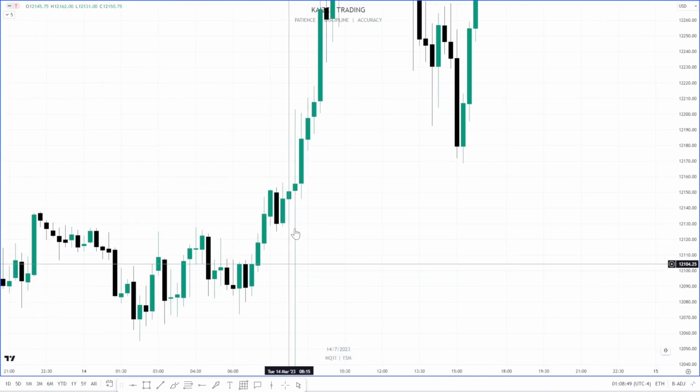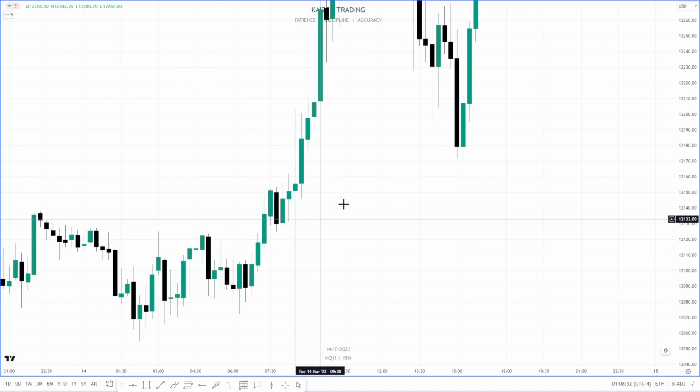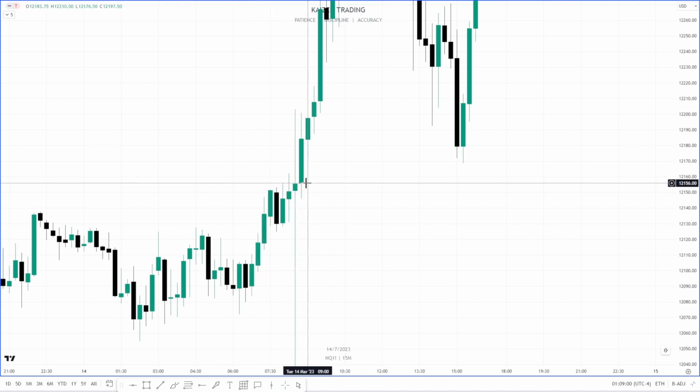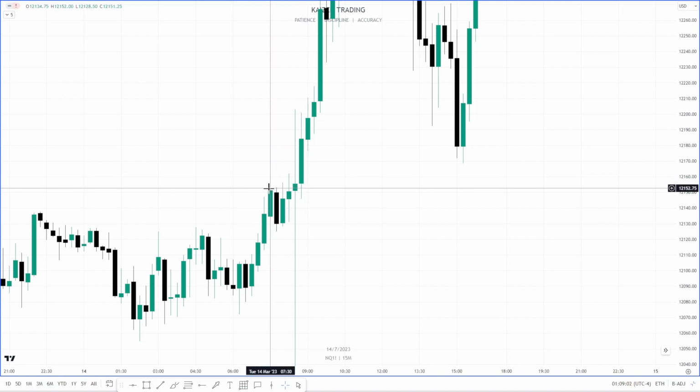After this 15-minute candle, 8:45 London, we have a candle body that breaks above here. So then I'm really looking for price to return back down into here.